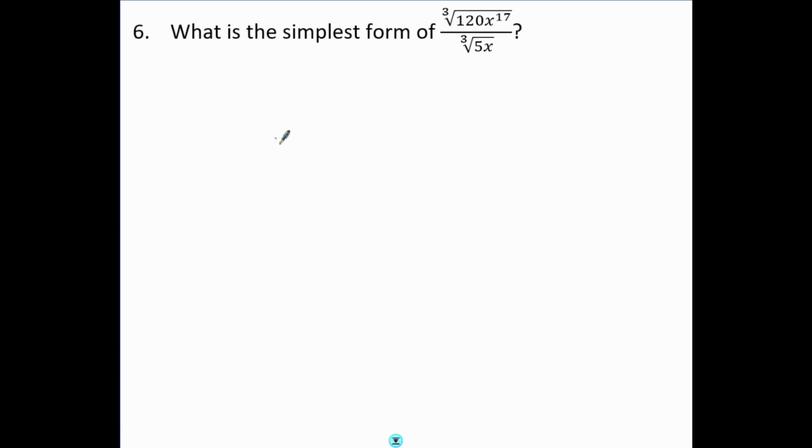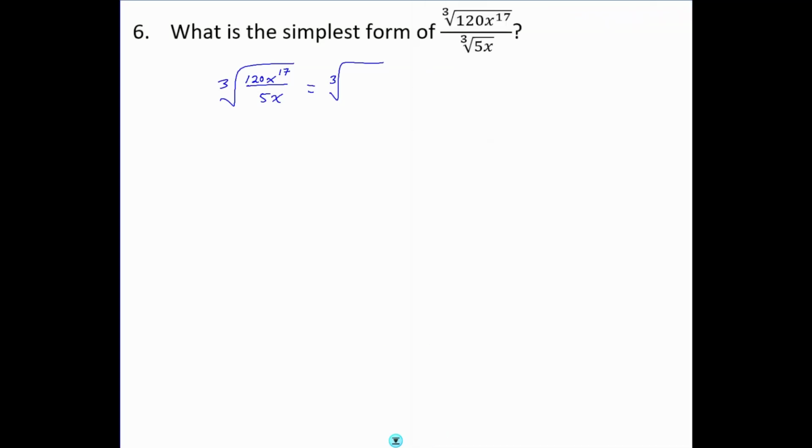Now we want to see what is the simplest form of this one. So we have a large cube root on this one. So we could have the cube root of, let's see, 120x to the 17th divided by 5x. So one large cube root, and then we can simplify inside first. What is 120 divided by 5?